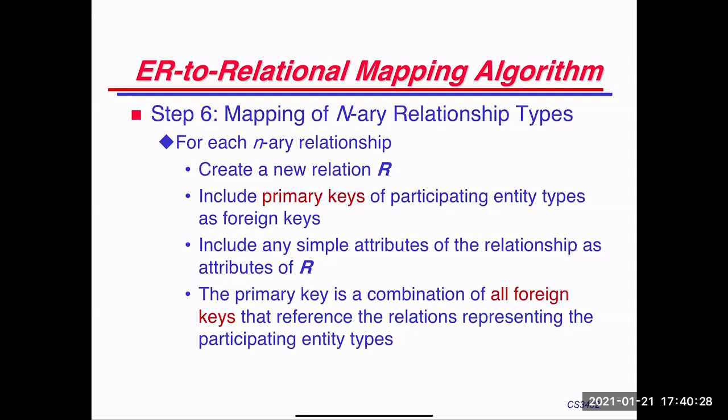Now, the third one here, so employee has a total participation constraint. So some of you seem to think that. So actually, it's still only a partial participation constraint for employee, because we did make dependent a strong entity, but that does not mean that now every employee suddenly needs to have a dependent.